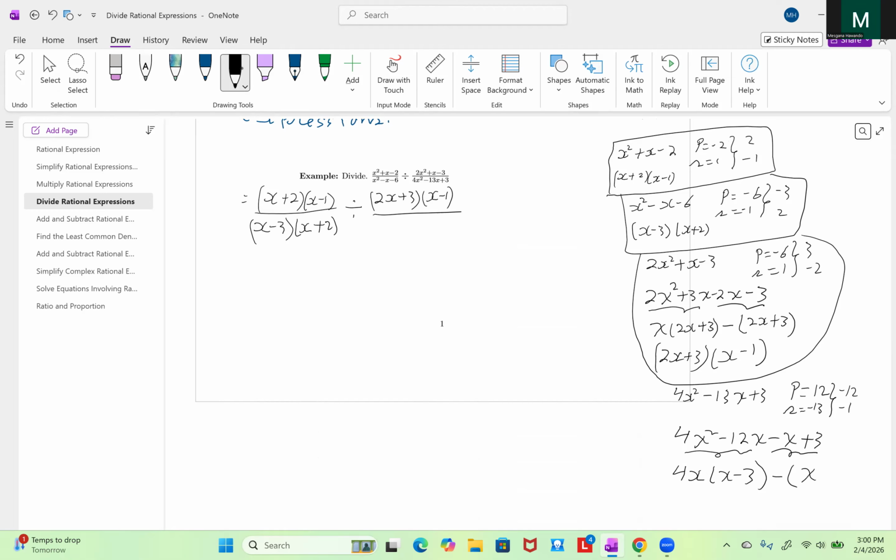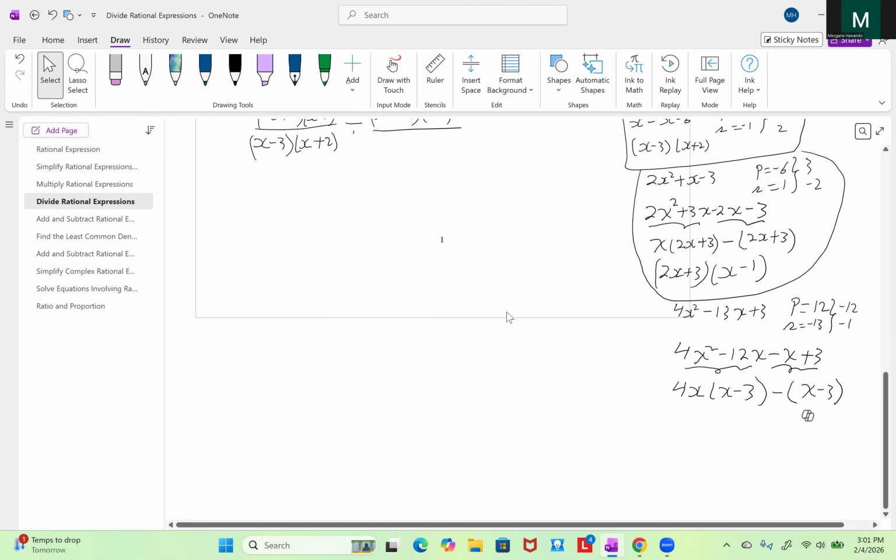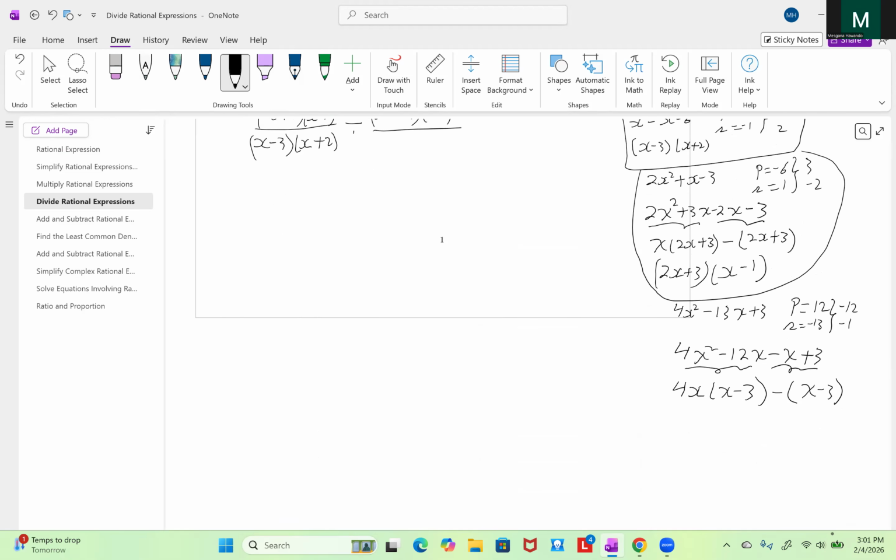We're left with x minus 3. We continue to factor. This time, the greatest common factor is a binomial. Pull it out. We're left with 4x minus 1. So now we factored our polynomial. So the denominator is x minus 3 times 4x minus 1.